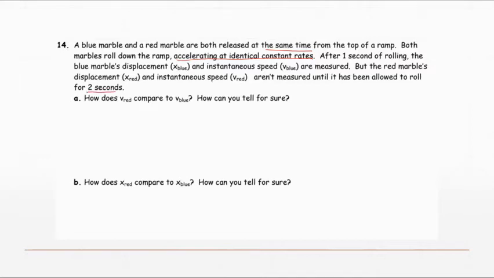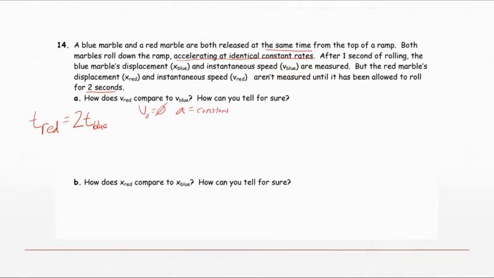So basically, what I know is the time for red is equal to 2 times the time for blue. Okay, so what do I know? I know my velocity and I know my time. I know my initial velocity is equal to 0, and I know acceleration is constant, so it's going to be the same for both.